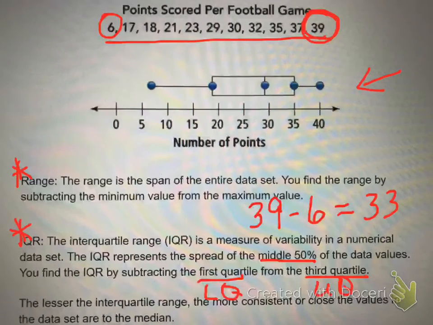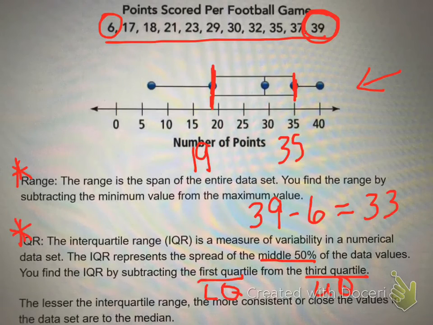Okay, so in our example up here at the top, we've got our lower quartile, which is about here, which is, let's say, 19, and our upper quartile, which is 35.